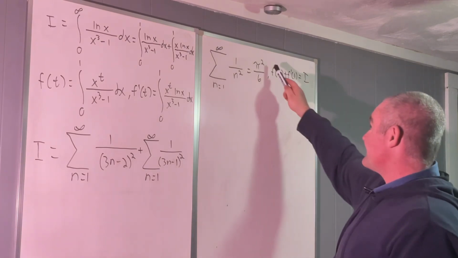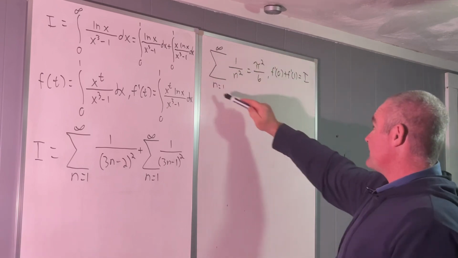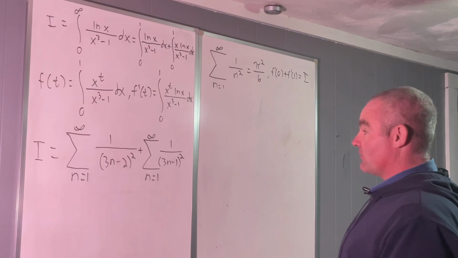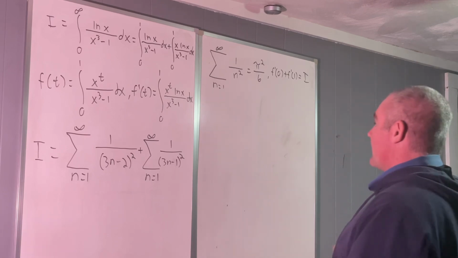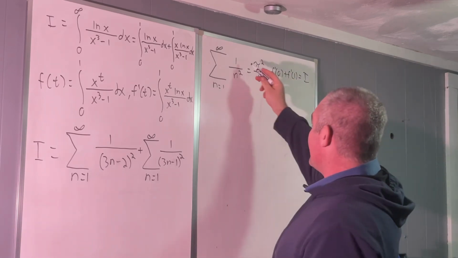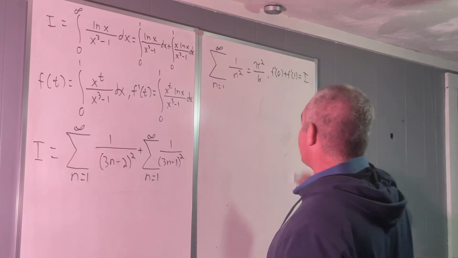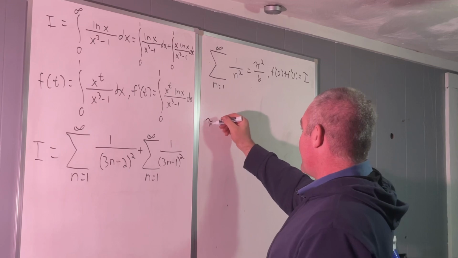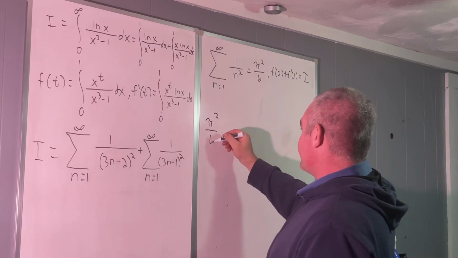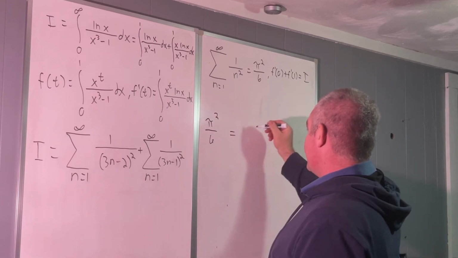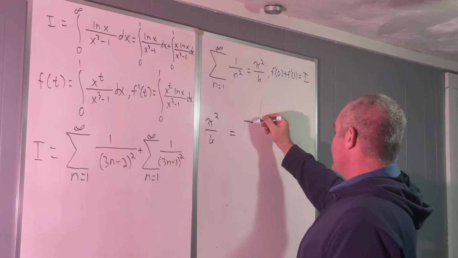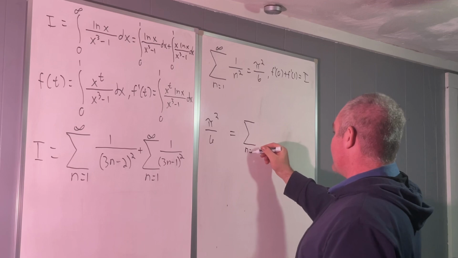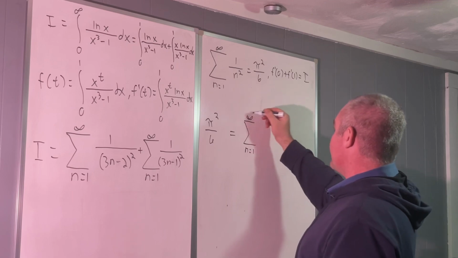We already said we're going to be using this identity right here, the sum of the reciprocals of the squares. All right. So let's rewrite our sum of reciprocals of squares like this. Let's say that pi squared over 6 is equal to, we're going to have 3 separate sums. The first sum is going to go from, well, they'll all go from 1 to infinity.